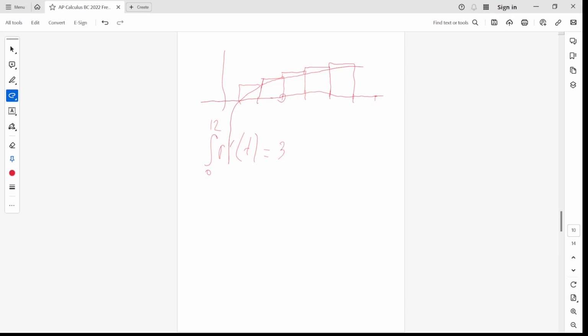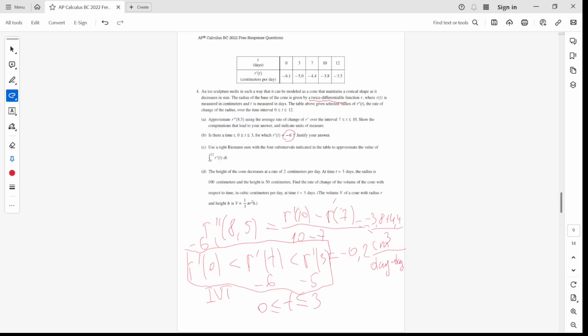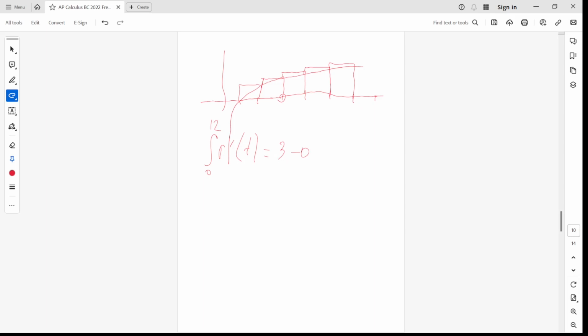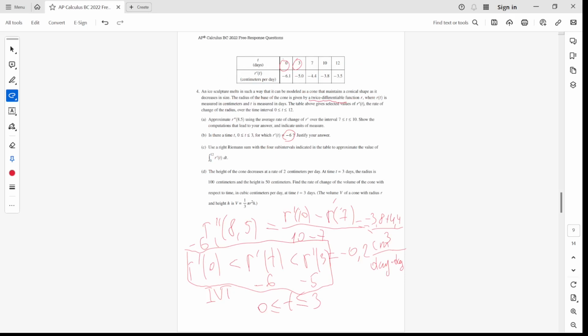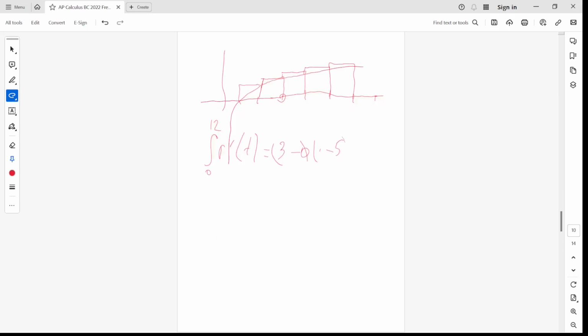So in our case it's 3 minus 0, because right, we have 3 and there is 0, times minus 5, because it's the value of the derivative of r of t when t is equal to 3. And we will do the same thing.